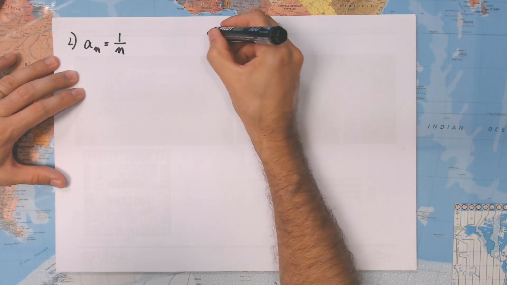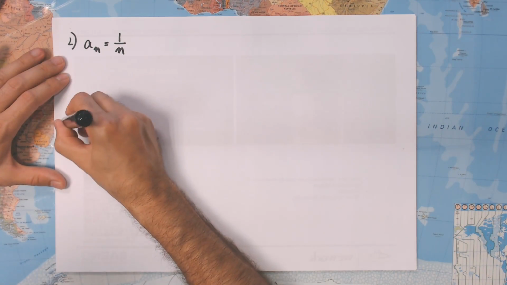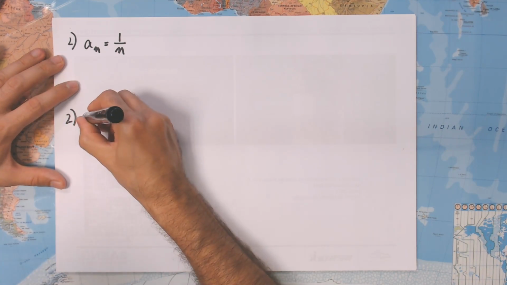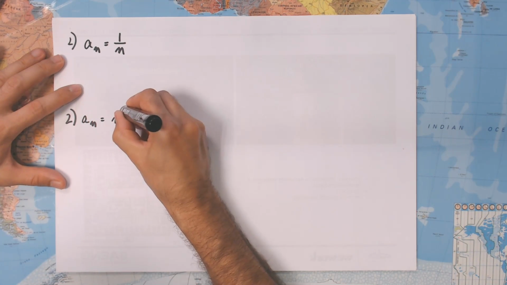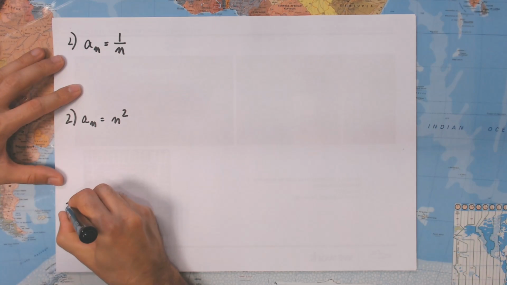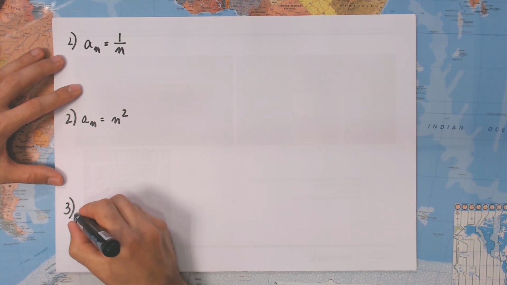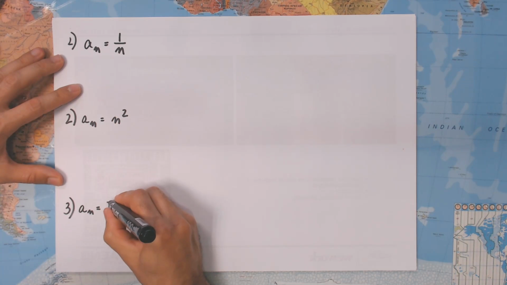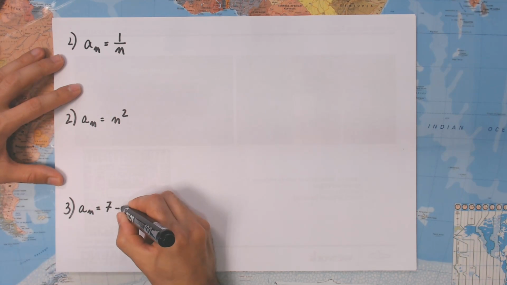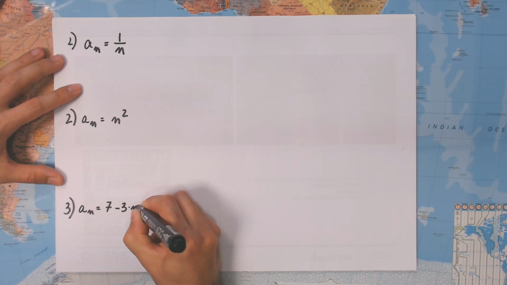The second one, it is going to be this one. a sub n equals n squared. The third one is going to be a sub n equals 7 minus 3n squared.